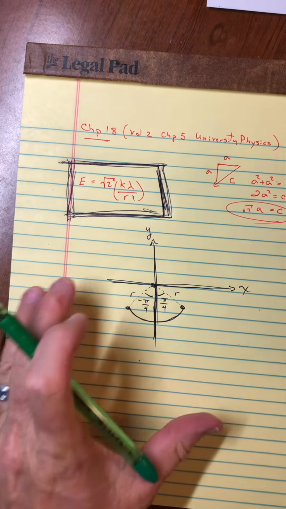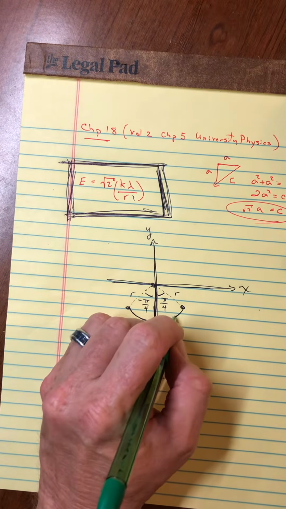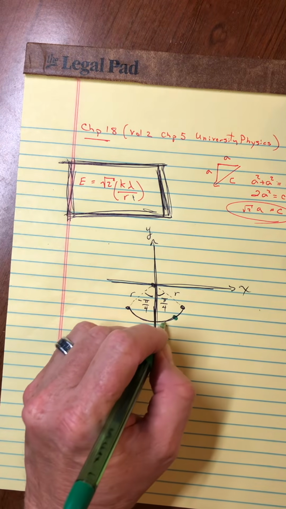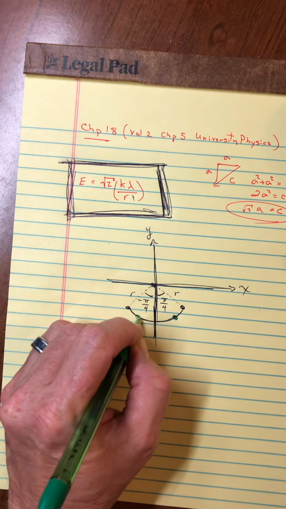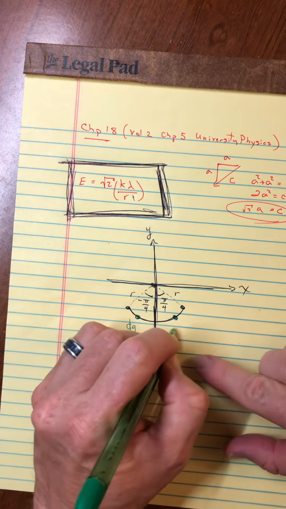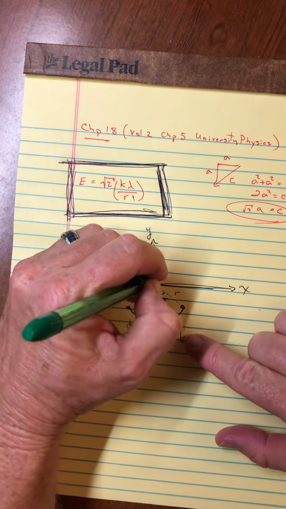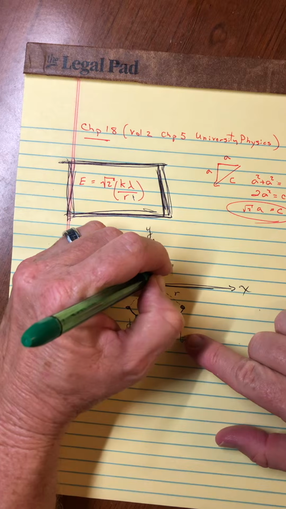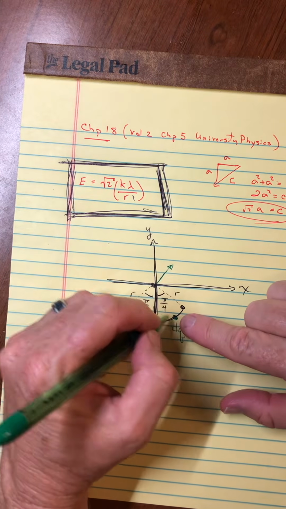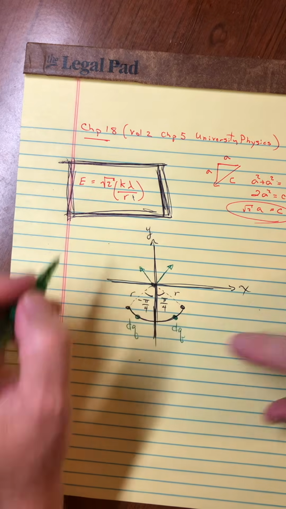And I think it's a little bit easier to see now in this drawing than this mess I was making earlier. But if you start off with what I call the symmetric twins, you look at a little chunk of charge over here, dq, and a little chunk of charge, dq. This would make a field in this direction, and this would make a field in that direction.